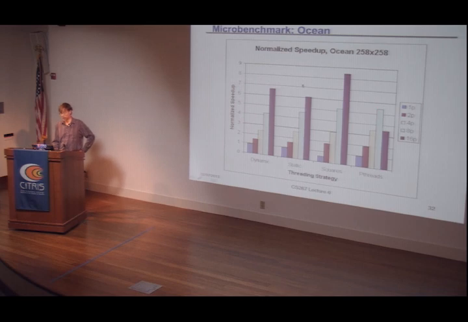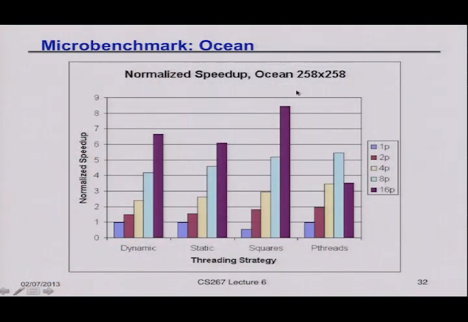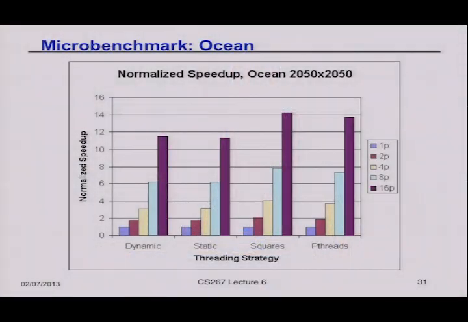What I believe is going on here is that the overhead of creating threads, going from 8 to 16, dominated the amount of work you had to do. It didn't pay off anymore because there's so little work to assign to each of the 16 compared to each of the 8. When the problem was bigger, that didn't occur so much.